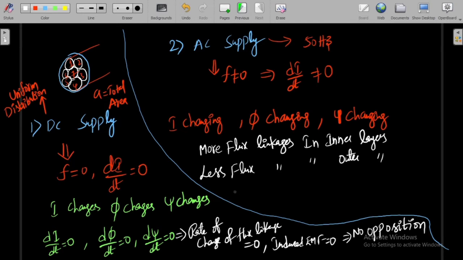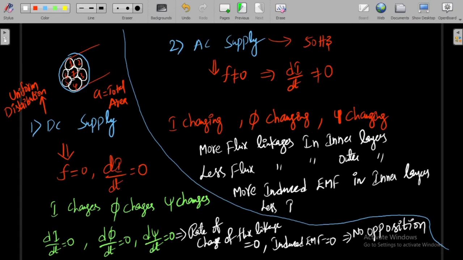It indicates that when phi is changing, means flux linkage is also changing, so that there will be induced EMF. So more induced EMF, where we will have more induced EMF? In inner layers, and less induced EMF in outer layers.